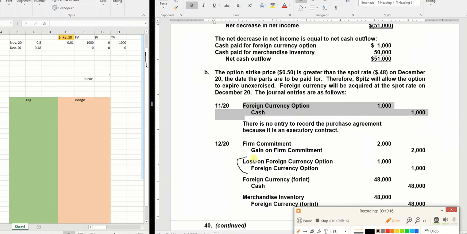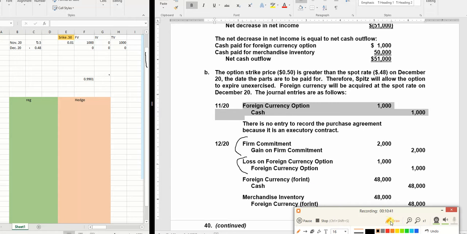All right, so again, generally speaking, if a loss is on this one, a gain is on this, although the numbers don't offset. So I have a gain on the firm commitment, and so you can ask yourself, well, gee, if I paid it off here, I would have had to pay 0.50, but if I paid it off here, I'd have to pay off less, 0.48, so I have a gain. So you can think of it that way.